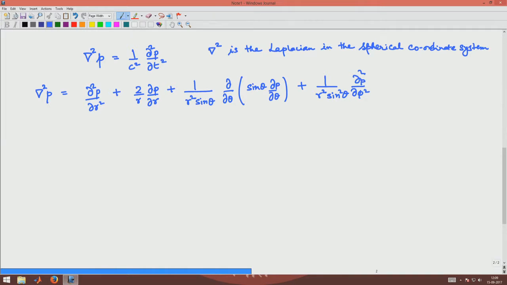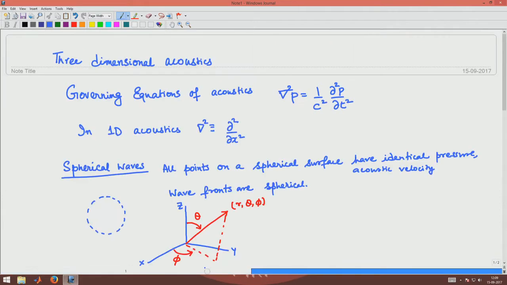So, this is the expression for the Laplacian of the variable p. Acoustic pressure is given in this form once you open it up in the spherical coordinate system r theta phi, and r theta phi is as indicated in this diagram.